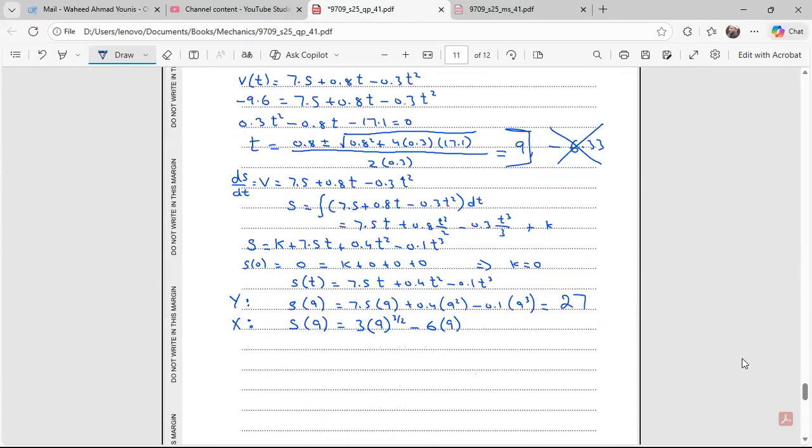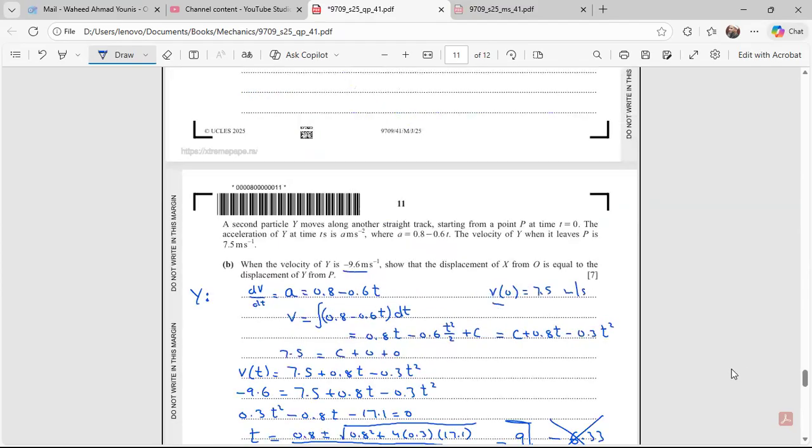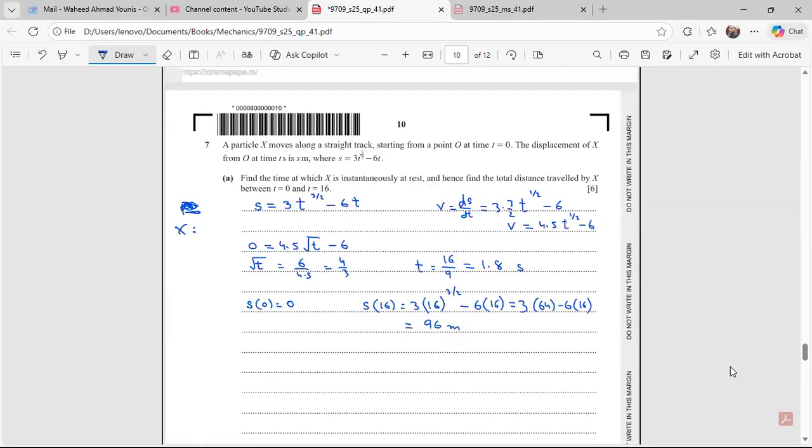Yes, minus 6t. Okay, so you can see 9 square root is 3. 3 power 3 is 27. So this is 3 times 27, which is 81 over 3, and minus 6 times 9. And this also simplifies to 27. Okay, so that proves that both particles have the same displacement at 9 seconds.